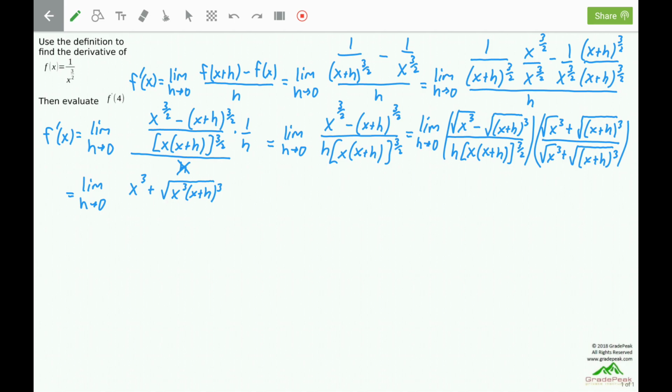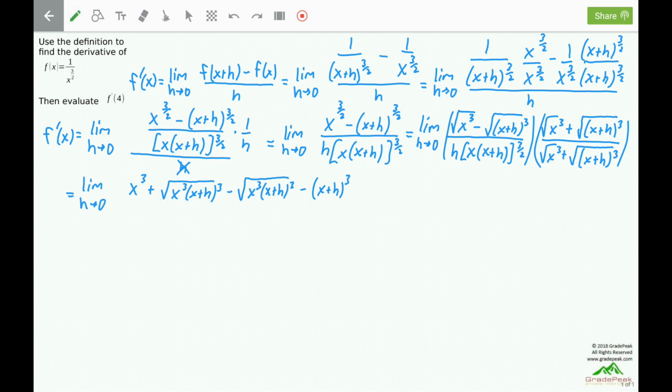The inside, negative root of x plus h cubed times the root of x cubed will be negative root of x cubed times x plus h cubed. And then last, we have the negative root of x plus h cubed times the positive root of x plus h cubed, which will be negative of the x plus h cubed.